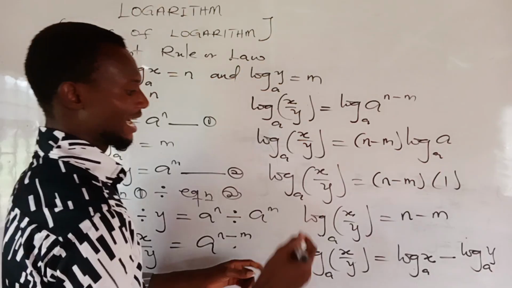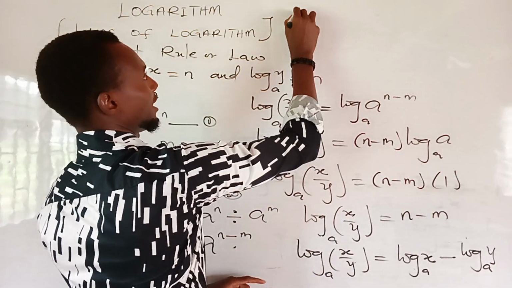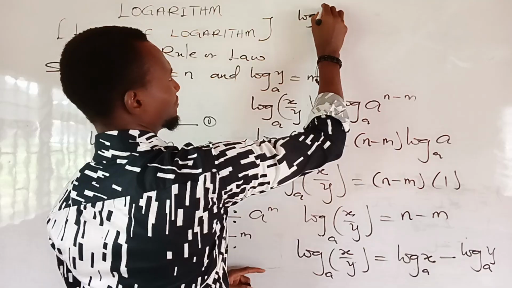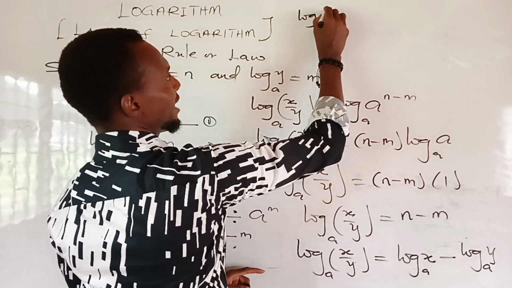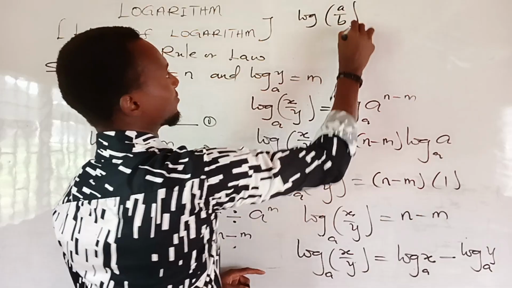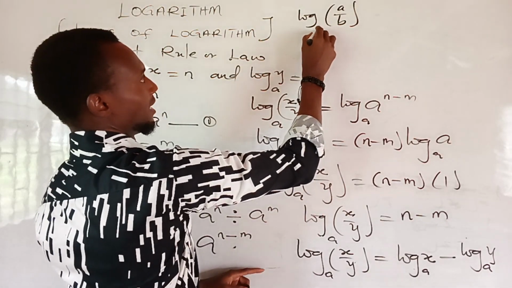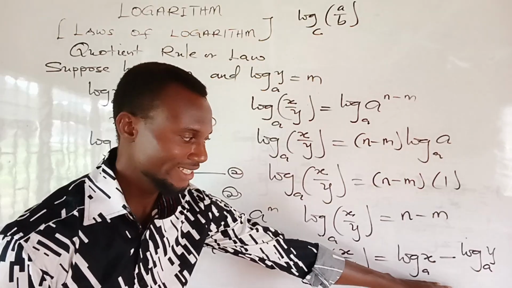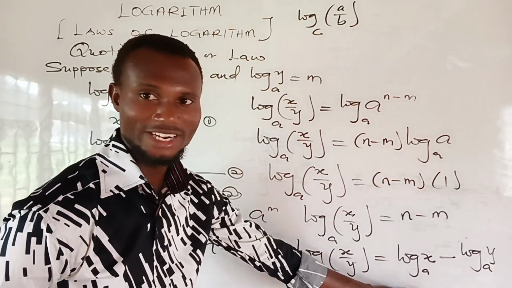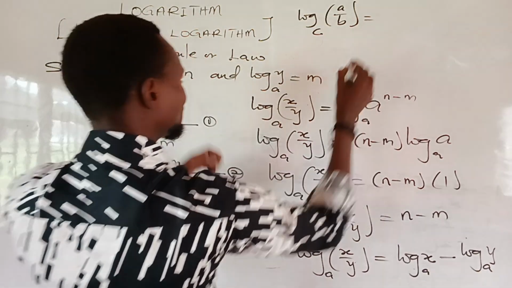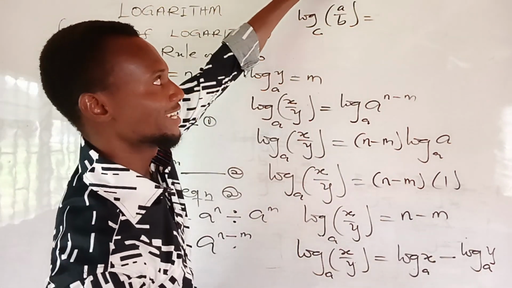So let's say I have the log of, let's say, a over b to the base c. From this definition or from this law that we've established, we are going to write this one as the log will affect the numerator.